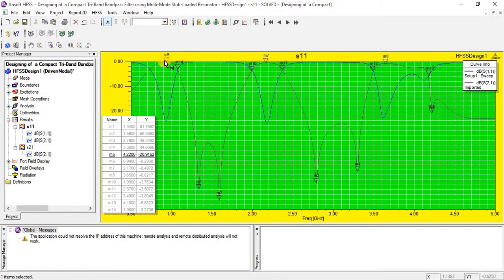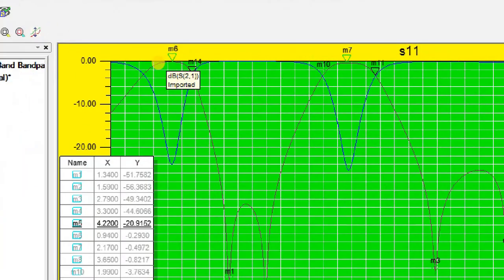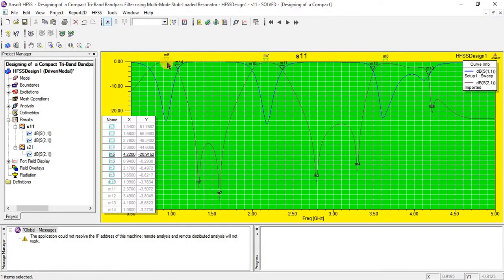Since this is the S21 plot, it means the power is entering from port 1 and going out from port 2. In this result, the insertion losses take place.